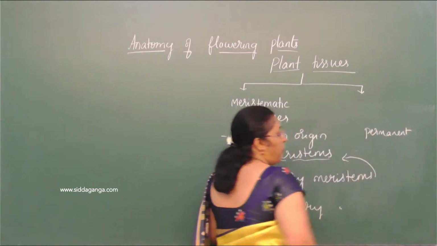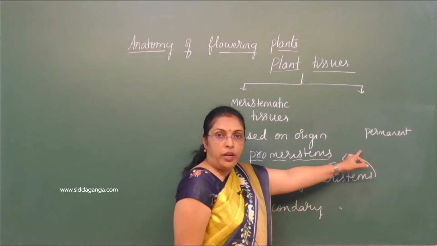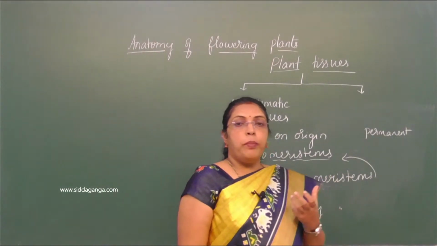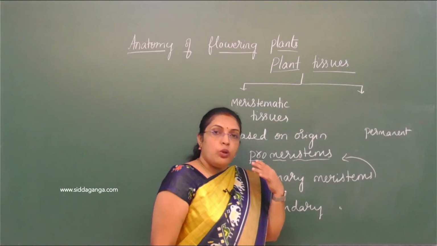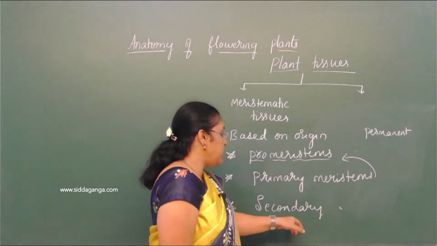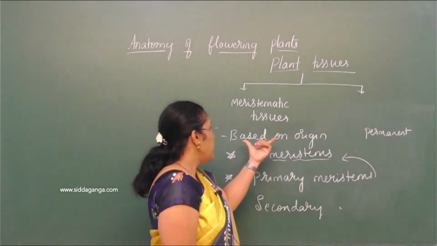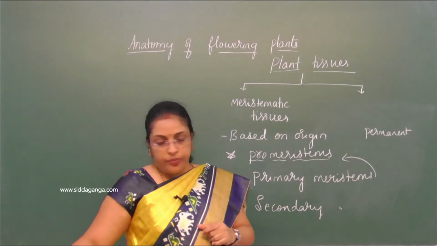Permanent tissues like parenchyma, collenchyma and sclerenchyma acquire the capacity of cell division, and then those tissues are considered secondary meristems. Understood? So that's about meristems based on origin.